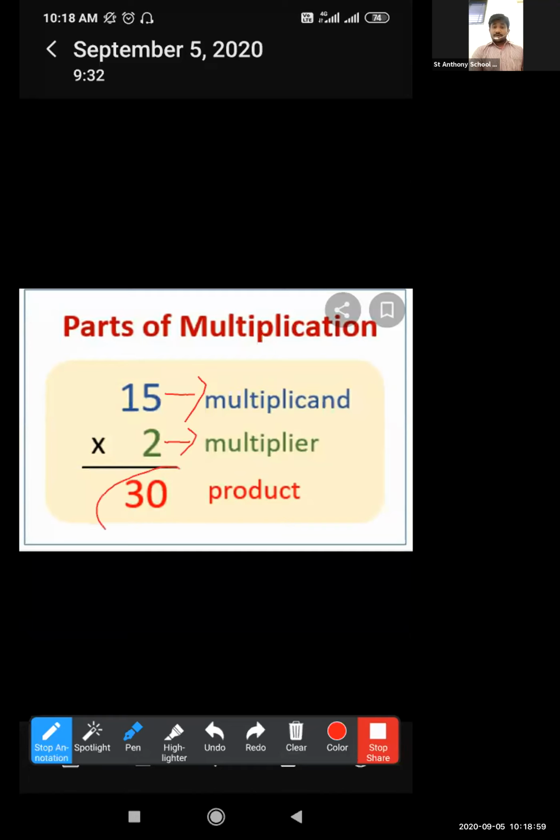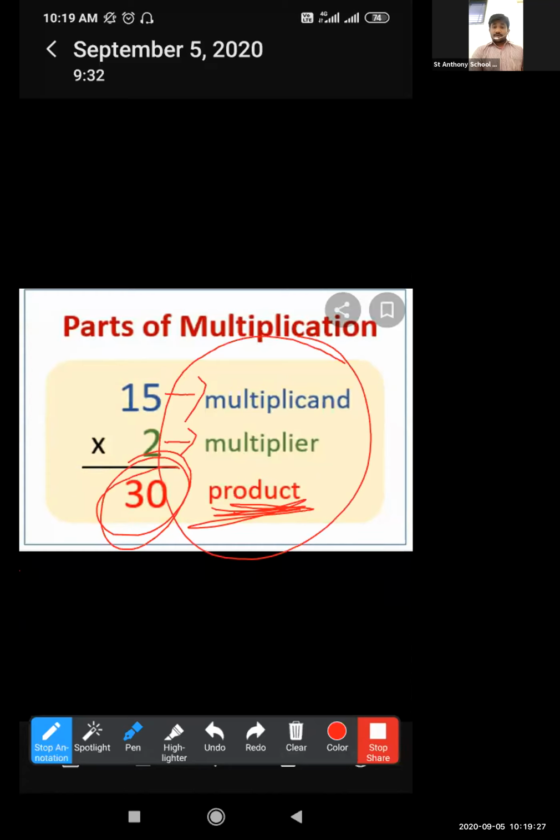And 30, whichever answer we get after multiplying the two numbers, that answer is called product. So multiplicand, multiplier, and product, these three are the parts of the multiplication.